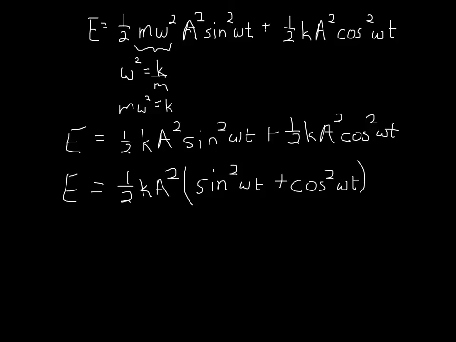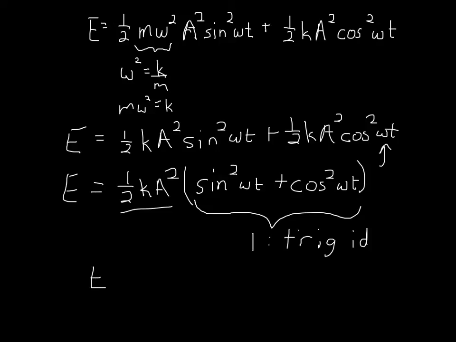It's the same thing as we have above. I just took out a 1/2 k a squared. And trigonometry tells us that sine squared omega t plus cosine squared omega t is equal to 1. This is something we call a trig identity. They're very useful. That's a very useful one to know, so I would memorize that.